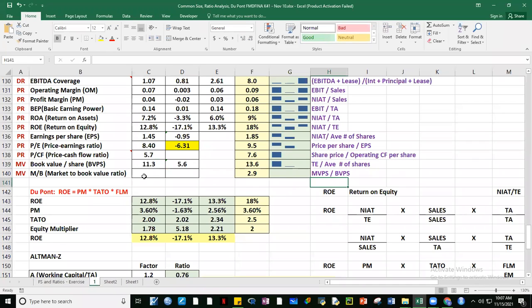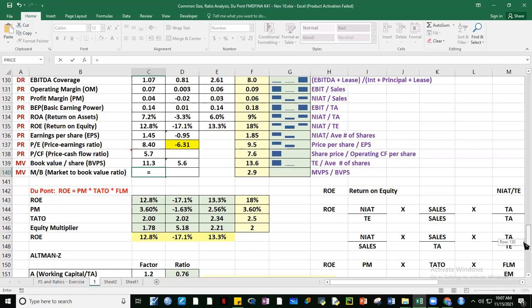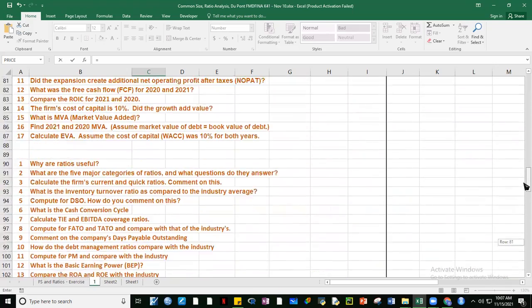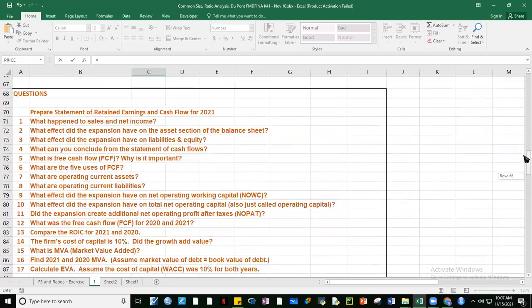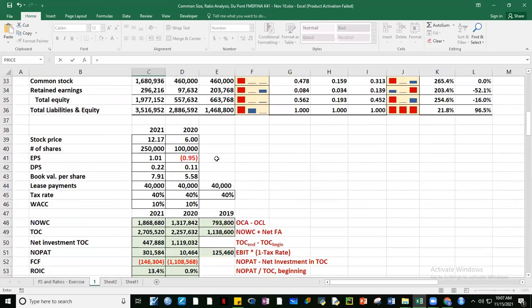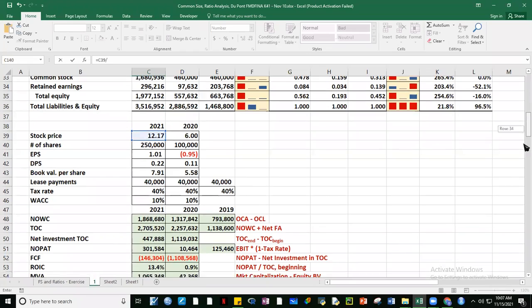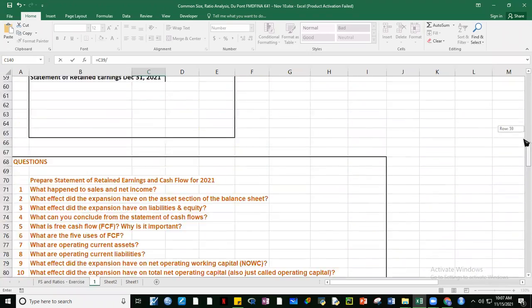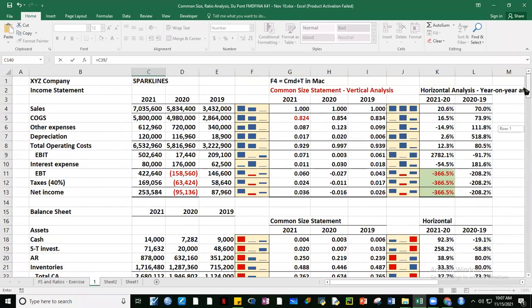Okay, and then last for our ratios, market to book ratio, it's just the market value per share. So ano ba yung market value per share natin? So ang market value natin ngayon is share price natin, ito, no? Divided by the book value per share. Paano natin makukuha yung book value per share?